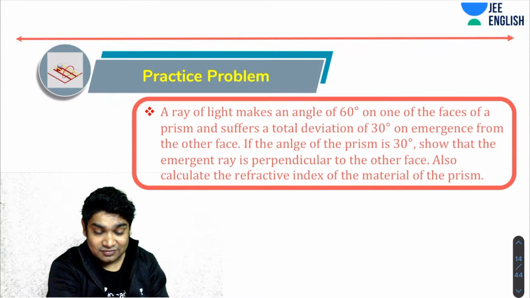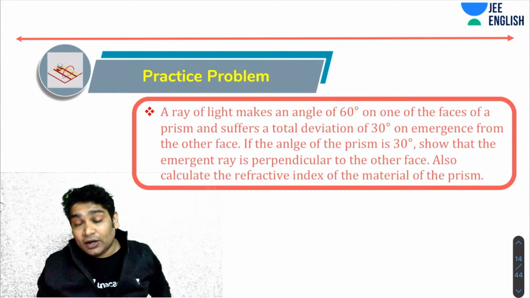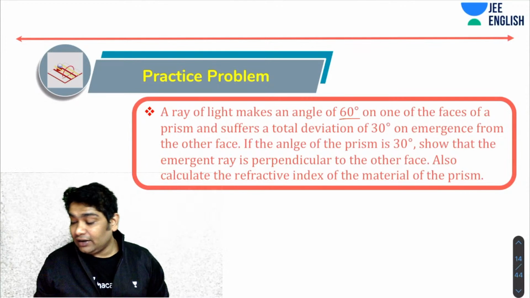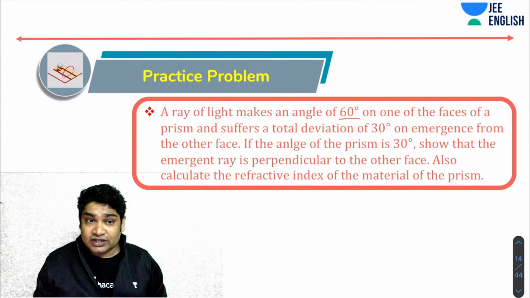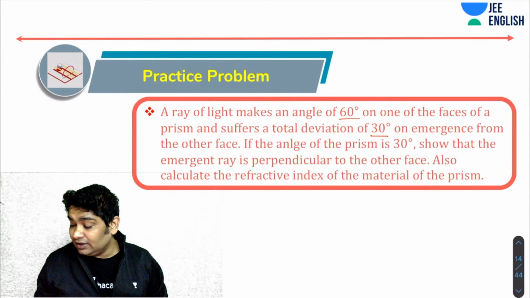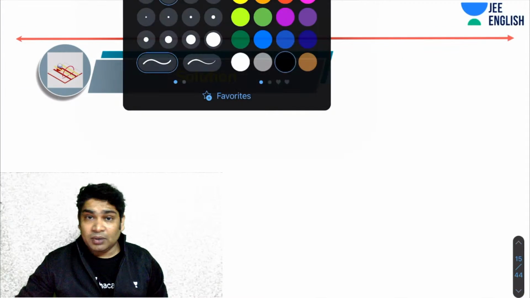Let's just go ahead and solve this. Let's see what information you've been given. The incident light makes an angle of 60 degrees, the total deviation is 30, and the angle of prism is also 30. Let's see if you remember.